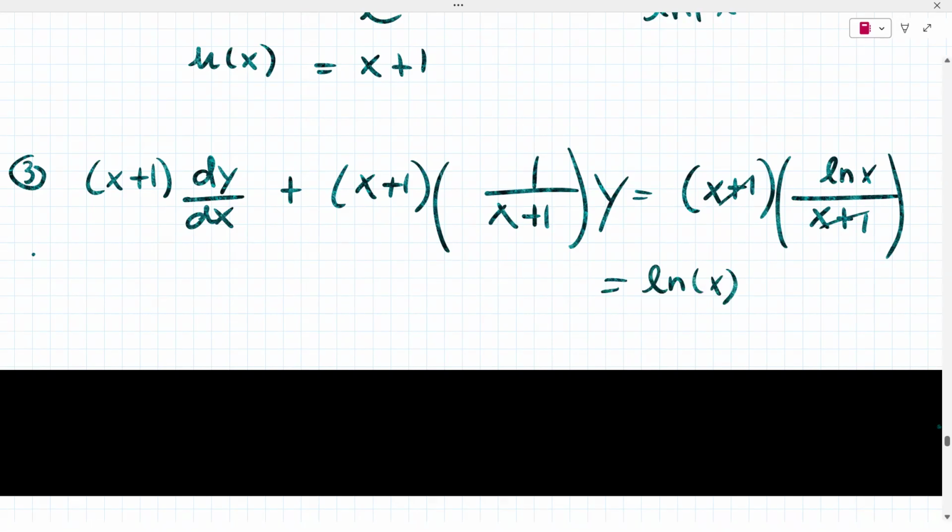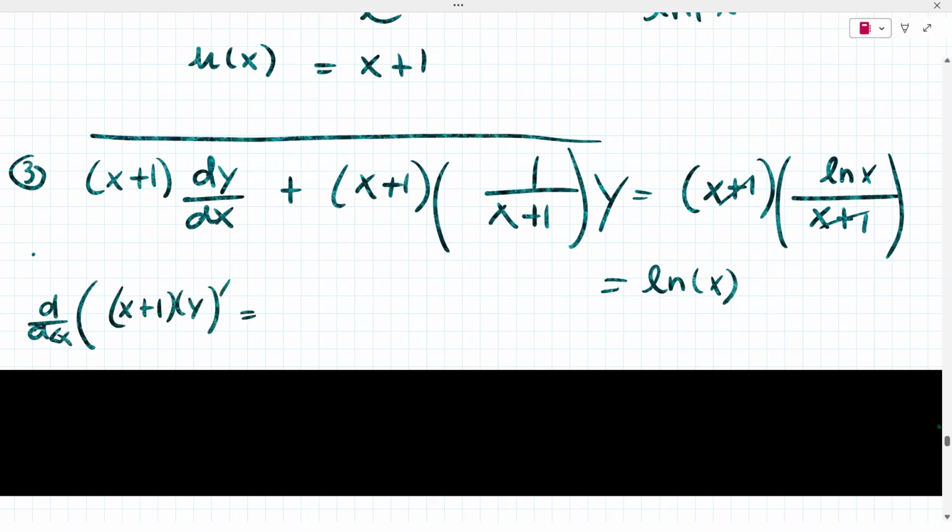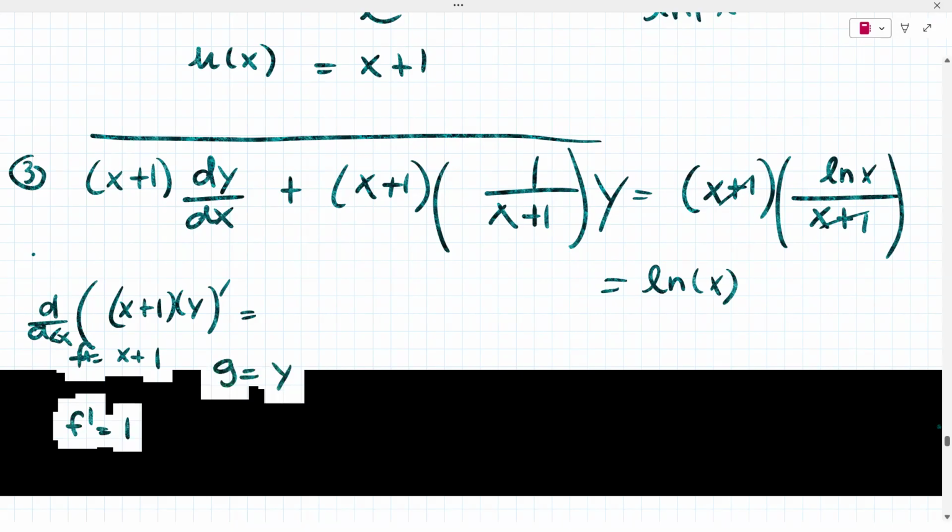The left side, you got to verify that if you took the derivative of x plus 1 times y, you should get this. And I think that's true because your, I mean, not my u, my f is x plus 1. My f prime is 1. My g is y. My g prime is dy dx.